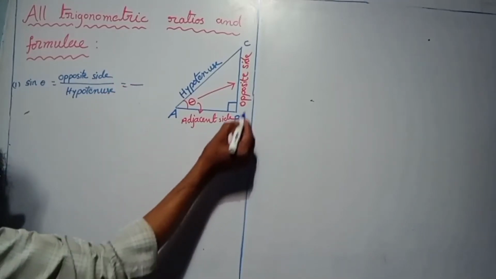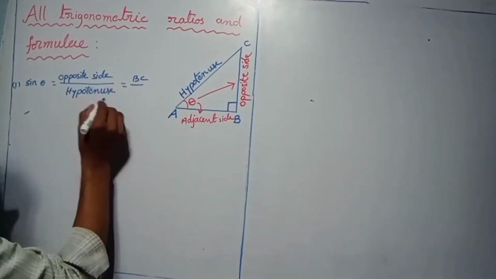Here, what is the opposite side? BC. And what is the hypotenuse? AC.